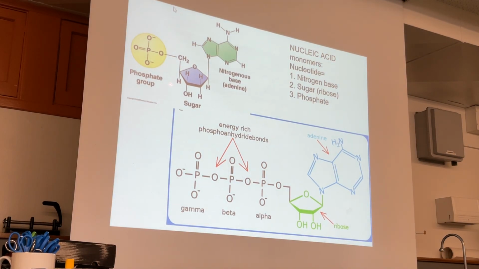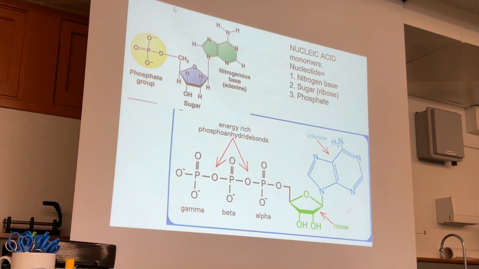The third chunk is a sugar. So if you see these 3 pieces, a nitrogen base and a phosphate group attached to a 5-sided sugar, that's a nucleotide. It has to be a 5-sided sugar. That 5-sided sugar, its name is ribose.